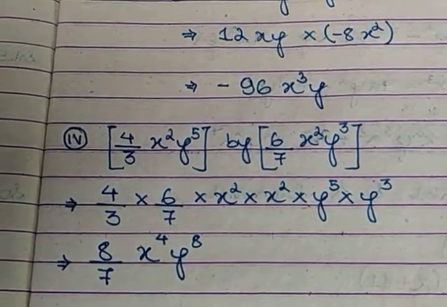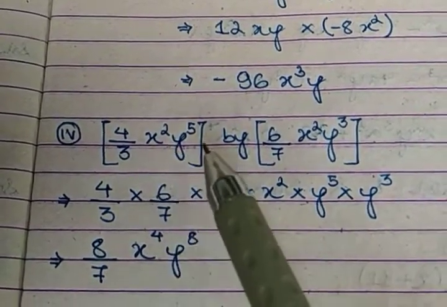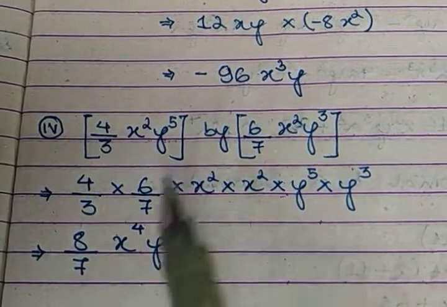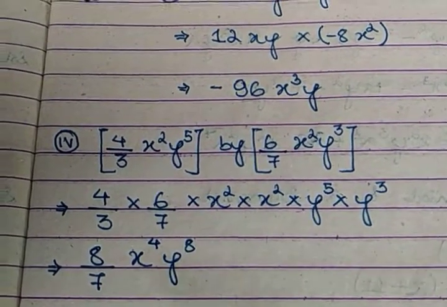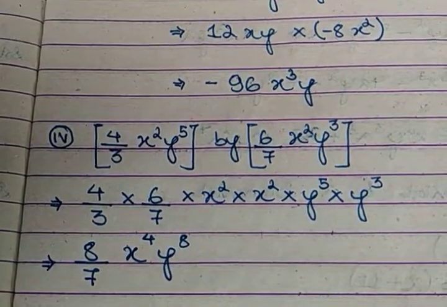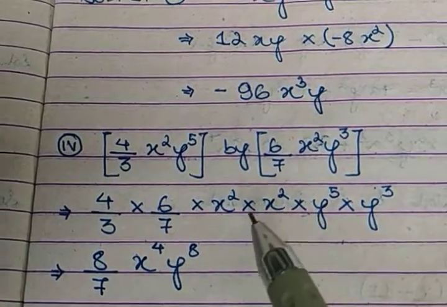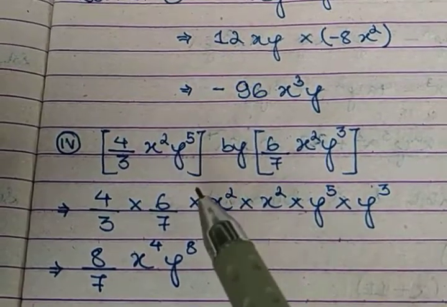The second one here we have is in the fractional form. So 4 by 3 x square y by 6 by 7 x square y cube. Again we need to do the multiplication. As I have already said, we need to multiply the constant terms, constant and the exact same variables. But remember in multiplication the variables will be multiplied as well.